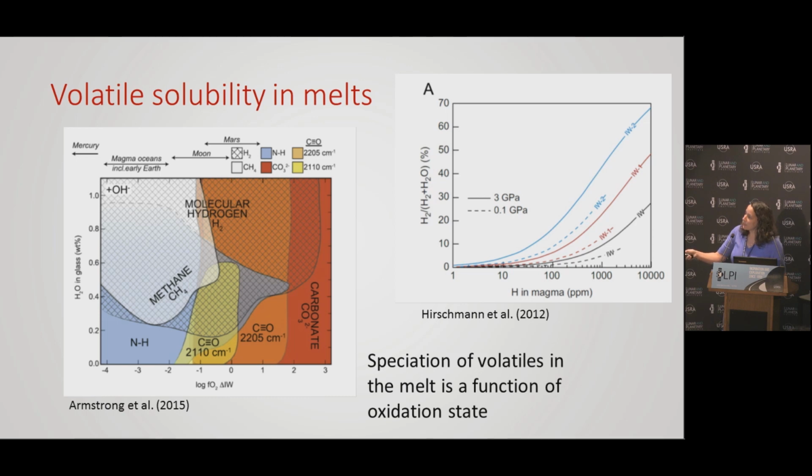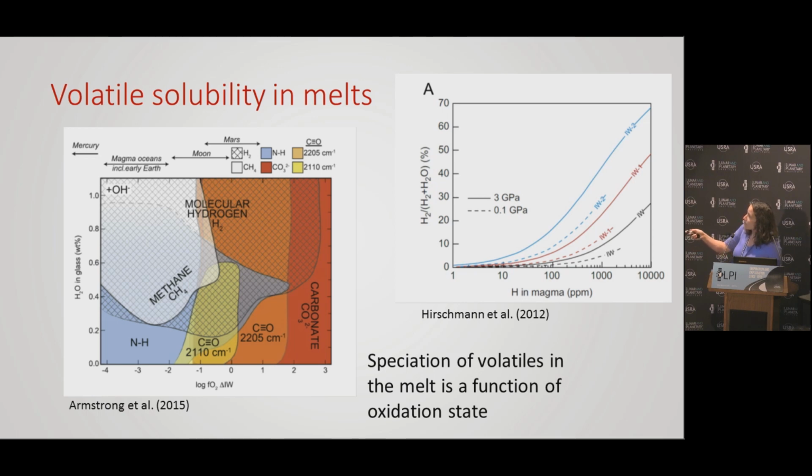Hydrogen is found in H2, but over here we can see that this is also a function of redox state. This is the amount of hydrogen in the magma, and this is the fraction of hydrogen in the melt that is in the form of H2 relative to H2O.